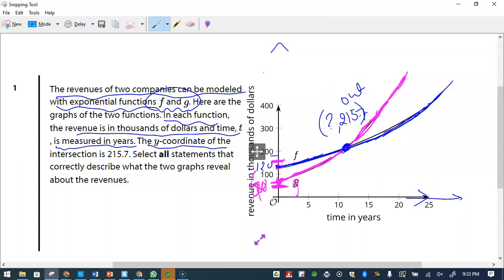If we go across this way, I'm going to use the black line here. If I go across to the left, the output is like 215 right here. That's 215. Okay. Then we need to know how many years.